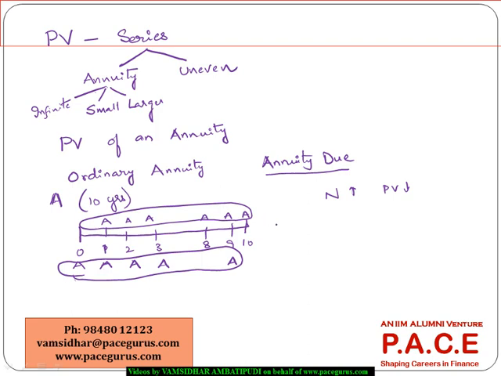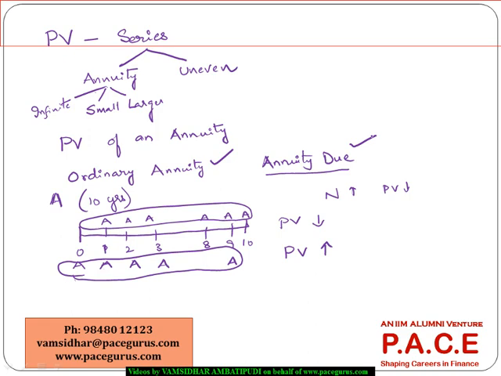So what we typically observe is the present value in this case will be slightly lesser compared to the present value in this case. So that is the reason we really need to understand whether the annuity that we are trying to find the present value of is an ordinary annuity or an annuity due.